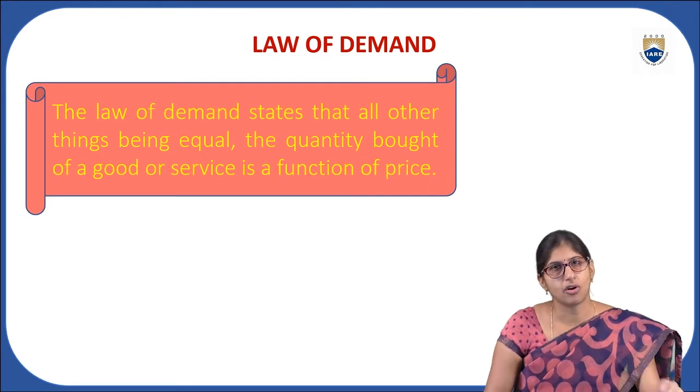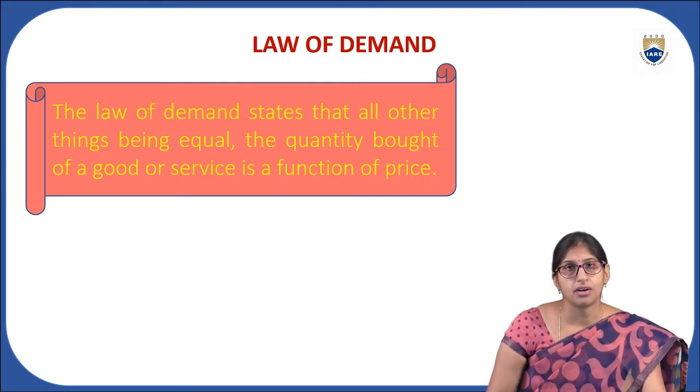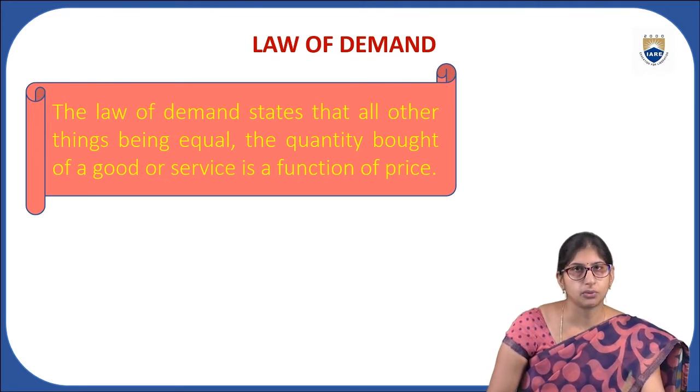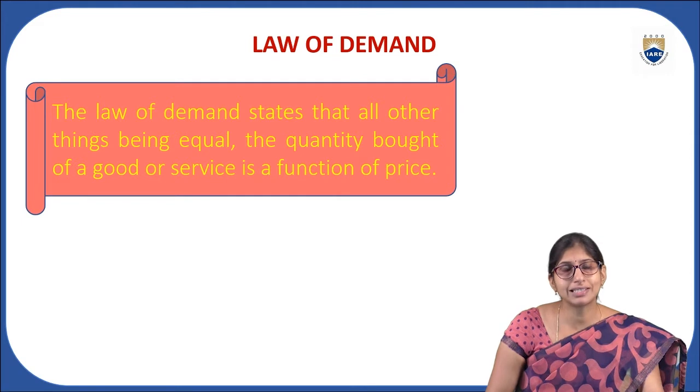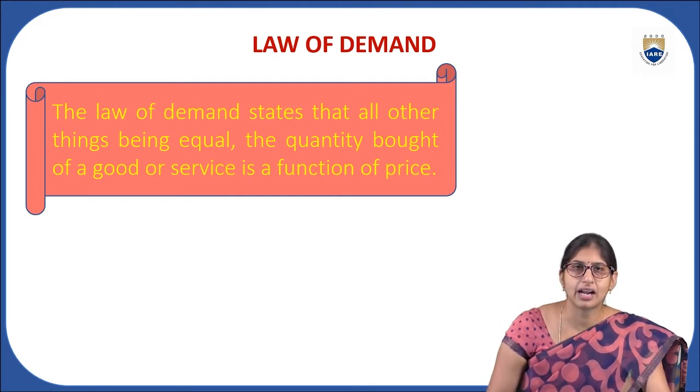So what is this law of demand now? If the price of a good is increasing, we don't want to buy more of such quantities, right? If the price is coming down, we immediately want to buy the product, right? We already discussed various determinants of demand, and out of them we are going to pick only one determinant, which is price.